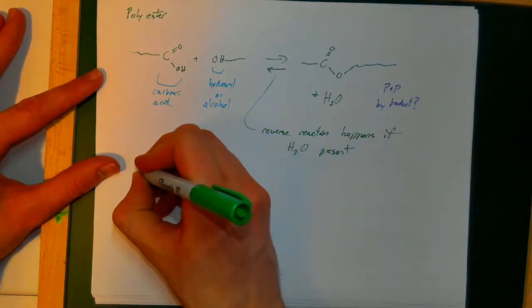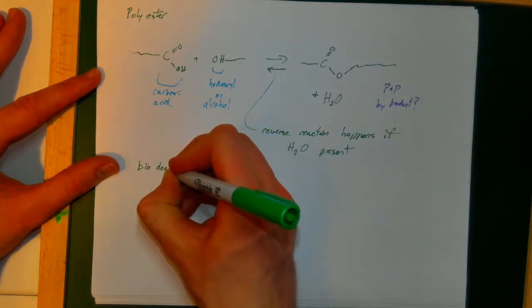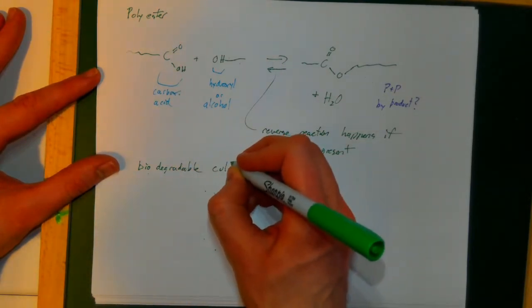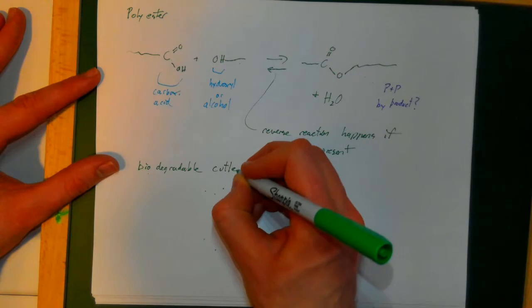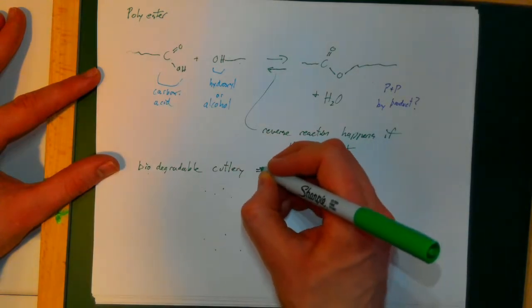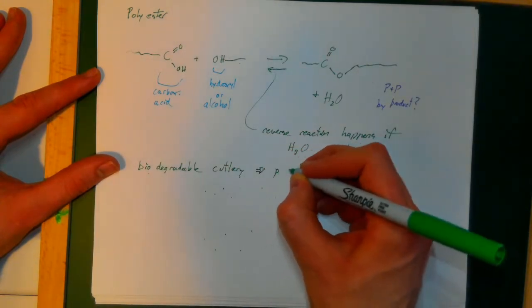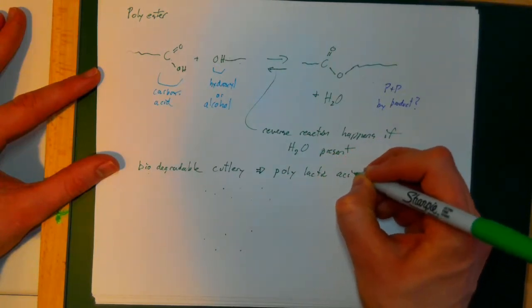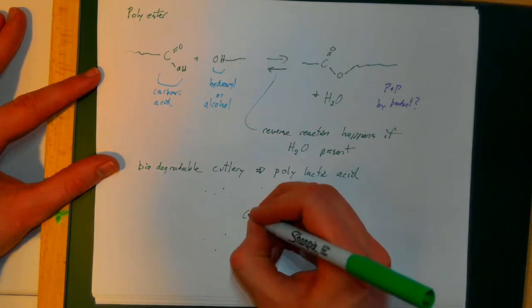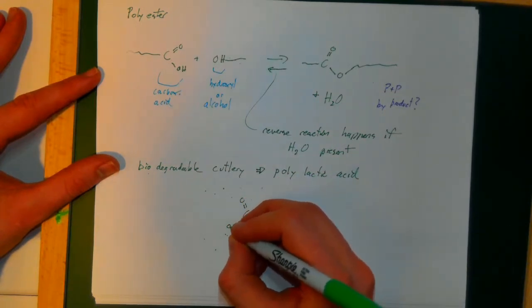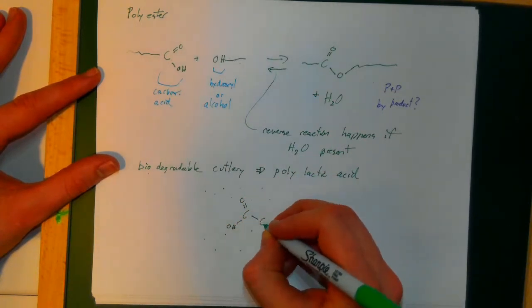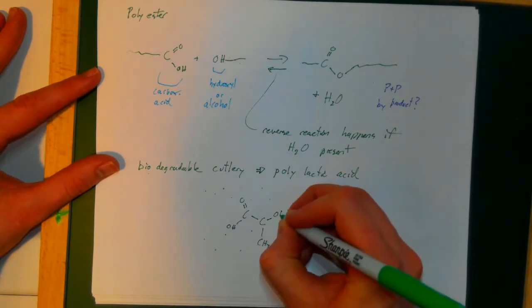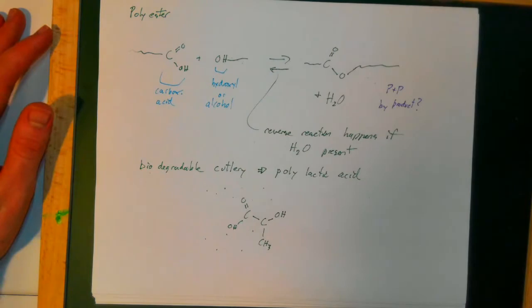So biodegradable cutlery is made of polylactic acid, which looks like this. There's a COOH, then there's a C, a CH3, and an OH right here.